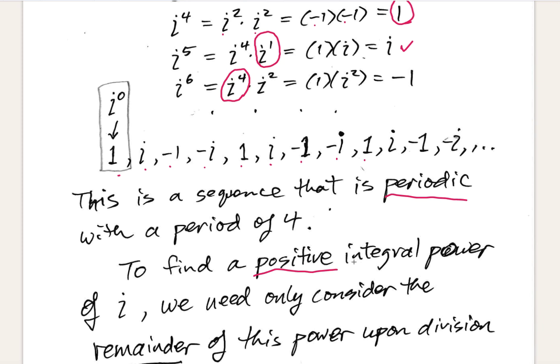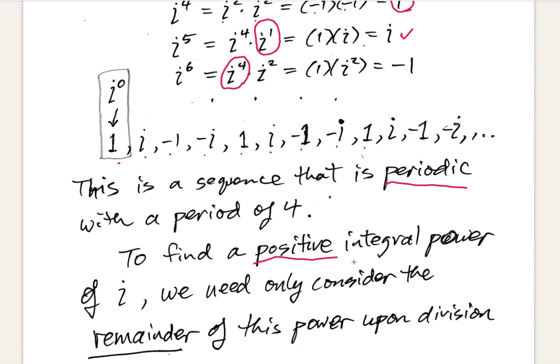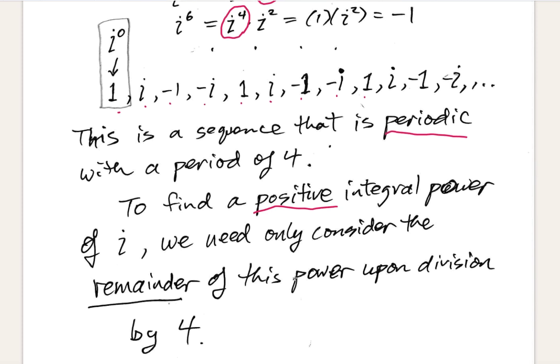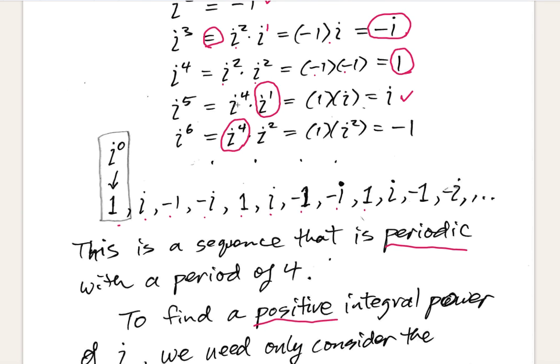I will address negative integer powers in a separate video, the next video. To find a positive integral power of i, we need only consider the remainder of this exponent upon division by 4. And we saw that sort of thing happening right up here with the 5th power and the 6th power.